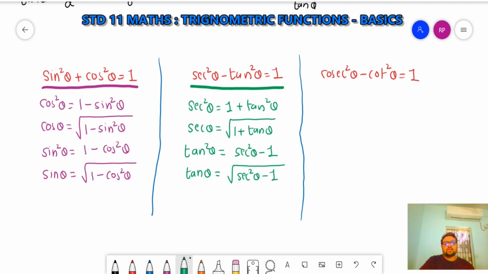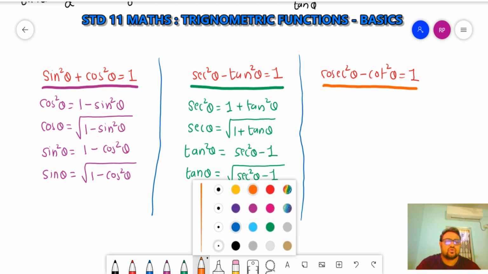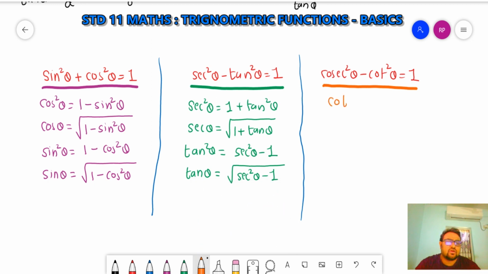Okay, and the third one is cosec square theta minus cot square theta. Let me write down first cosec square theta equal to 1 plus cot square theta, or cosec theta equal to square root of 1 plus cot square theta.